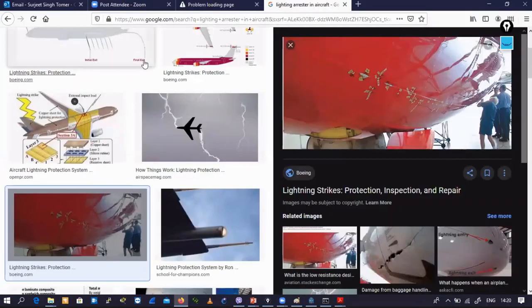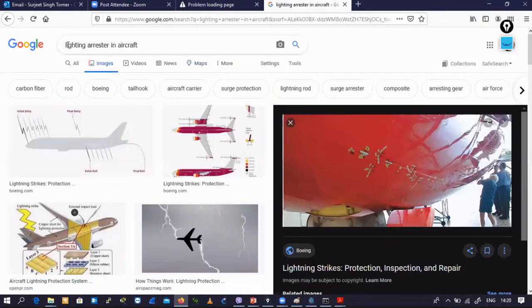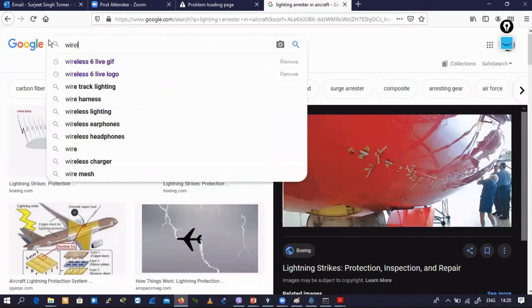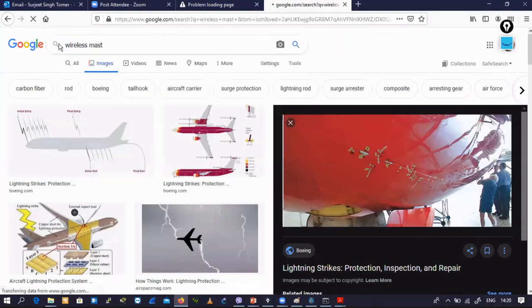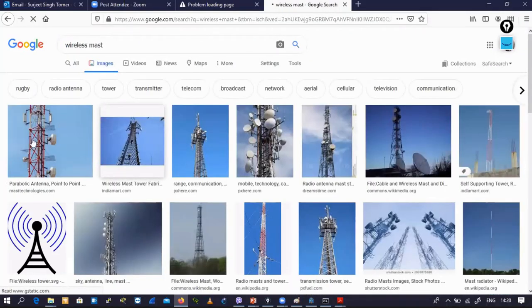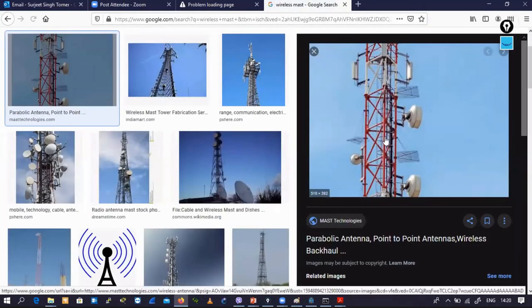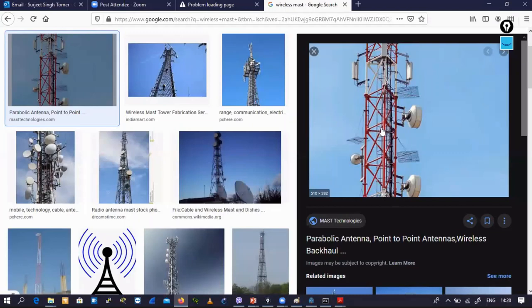If you see the antennas, what kind of antenna I'm talking about, the wireless mast. If you see, the mast also contains lightning arrestors, because the height of the mast is so big, and the lightning strike can burn your antenna. So these are the sectorized antennas. You can follow my mouse. This is a sectorized antenna.